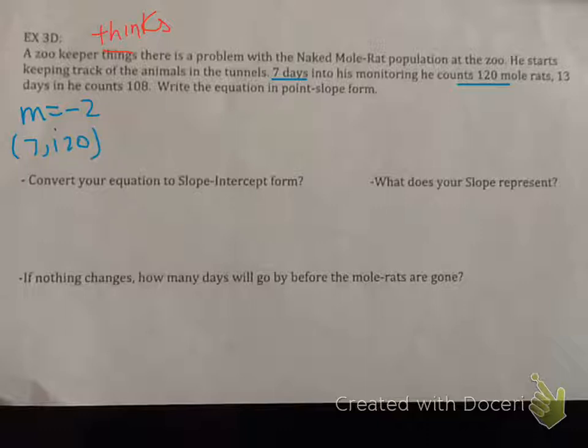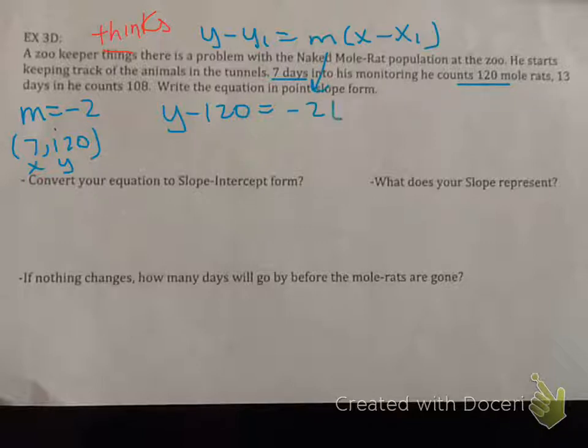Alright, so let's do our equation. y minus 120 equals, remember this is your x and this is your y, negative 2, that's your m, and if you don't know what I'm doing, I'm using this formula right here. So my slope is negative 2, and then x minus 7. So this right here is our point-slope form.